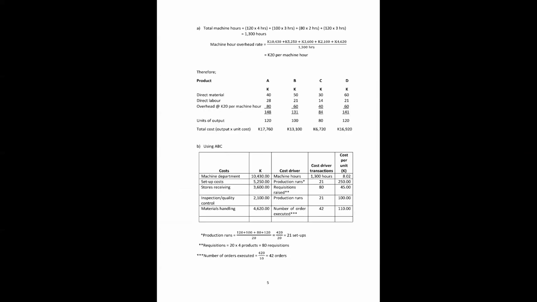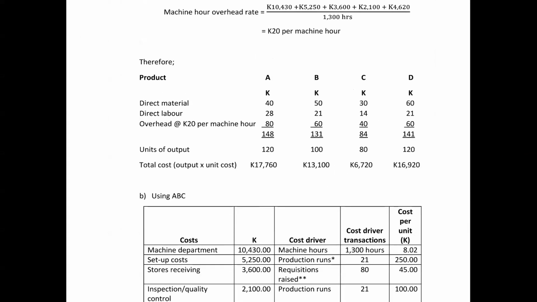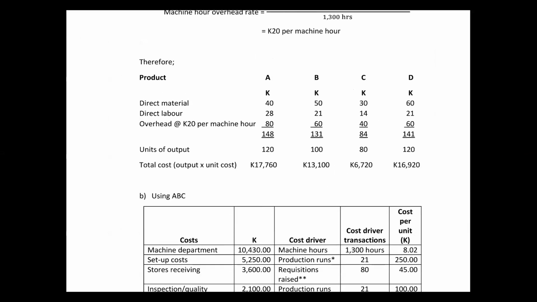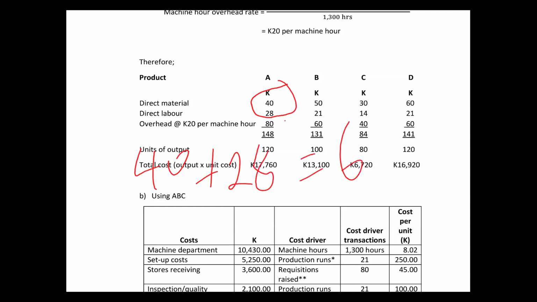Okay, let me show you. Have you seen the prime cost that we have here? This is the total prime cost for product A, for example. You say 40 plus 60 plus 28, giving us 68 per unit, times the number of units produced, which were 120.